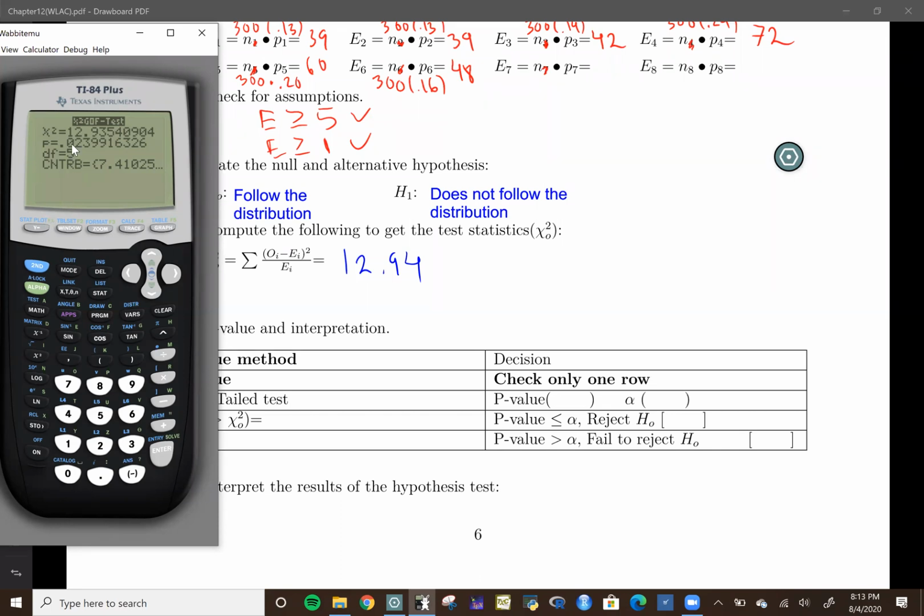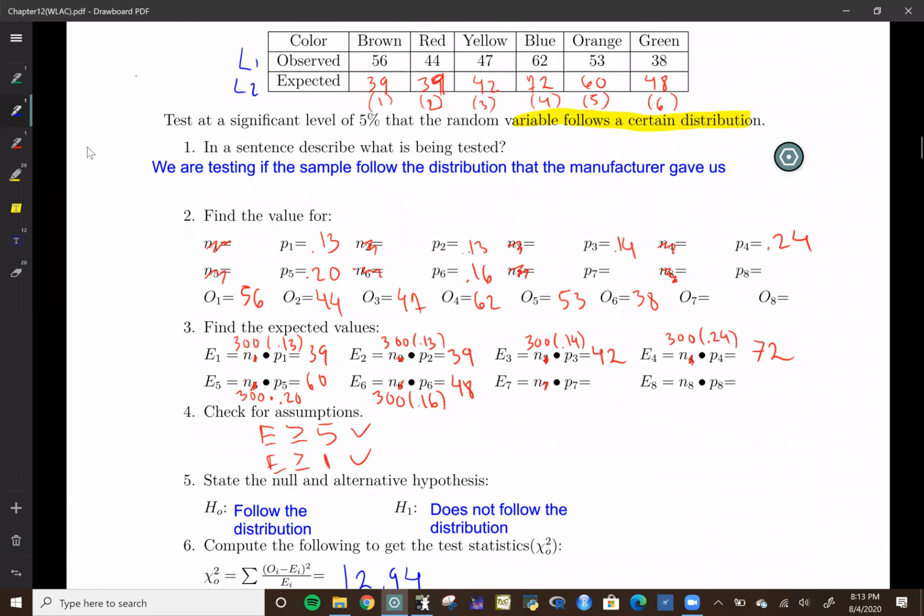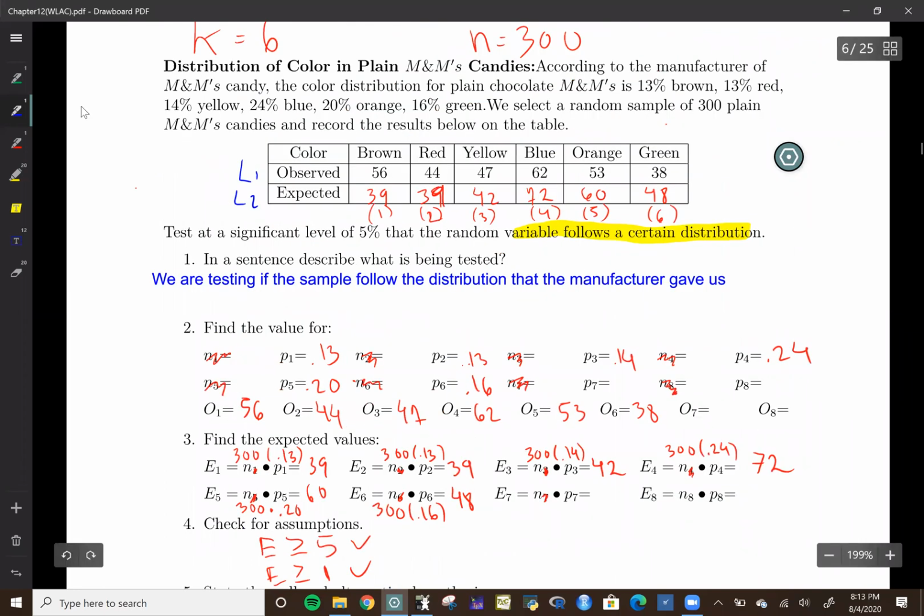If you look at the p-value, it gave me about 0.024. So for p-value, we get 0.024. And for alpha, if you look right here, I said alpha was 5%.